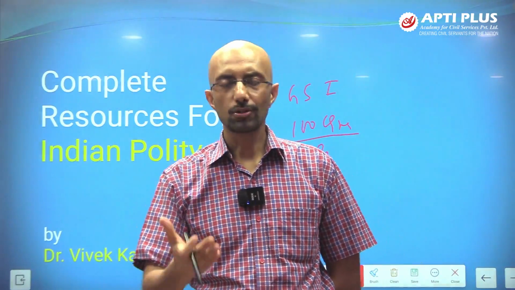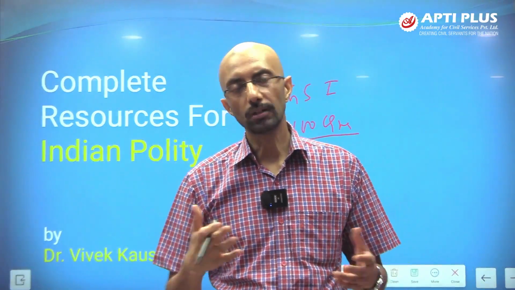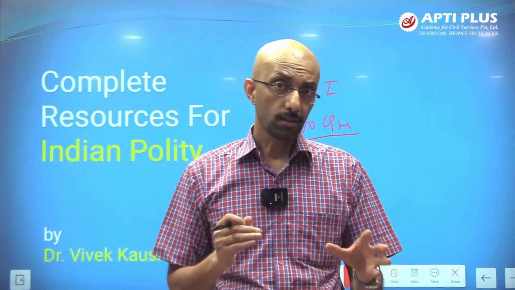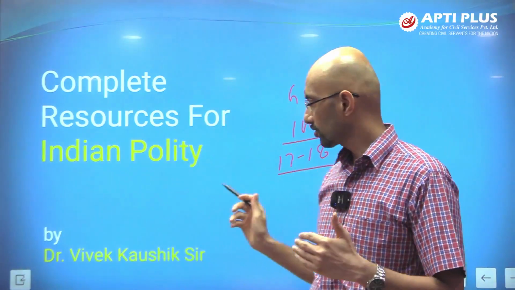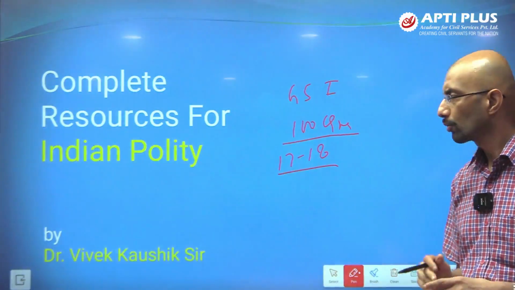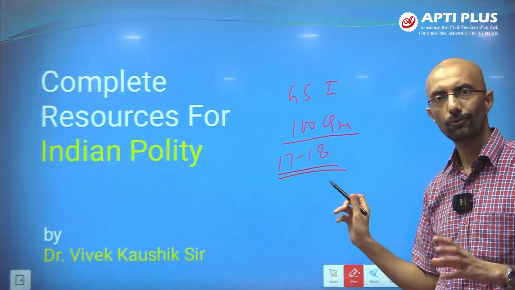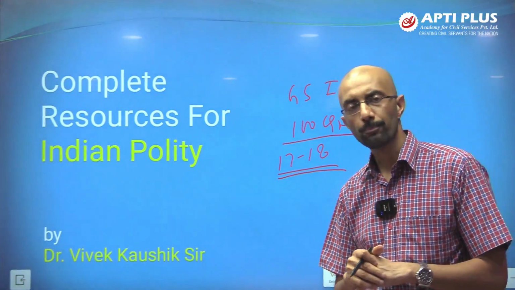The number of questions keeps varying from subject to subject, year to year. In certain years, you may have even more questions, but on an average, we have 17 to 18 questions from polity and constitution.